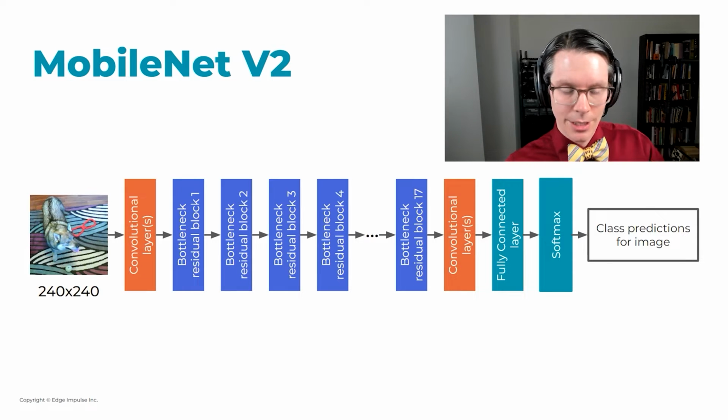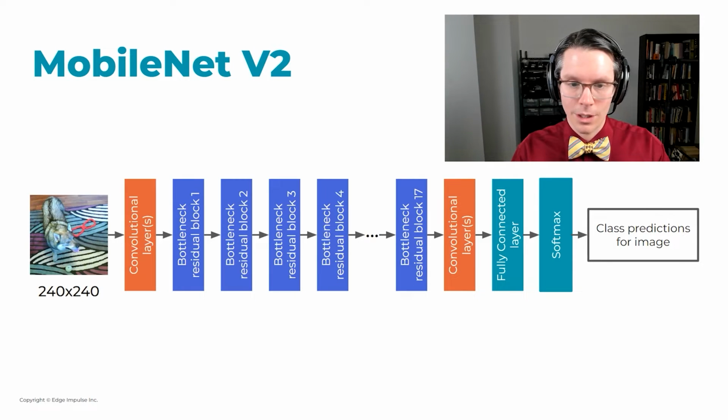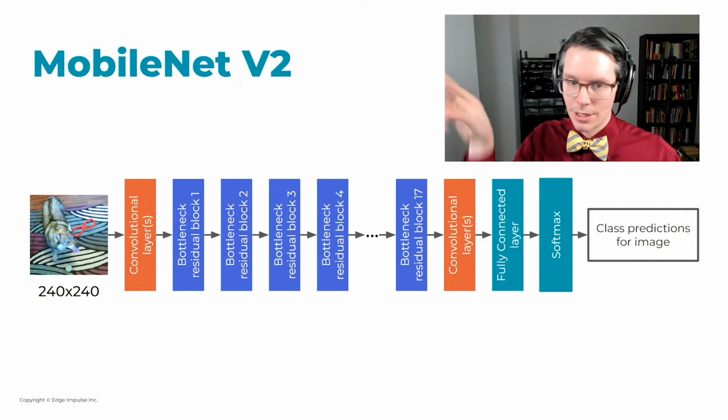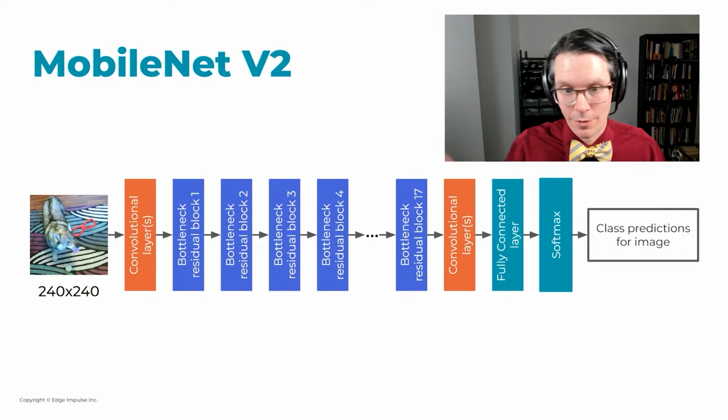So a MobileNet that's been trained on something like ImageNet can be very powerful for classifying across a variety of different labels. And that's usually where you see something like MobileNet being used. It's not just dog or not dog, it's dog versus cat versus this other thing, or some sort of background image. So that's where we get into MobileNet.